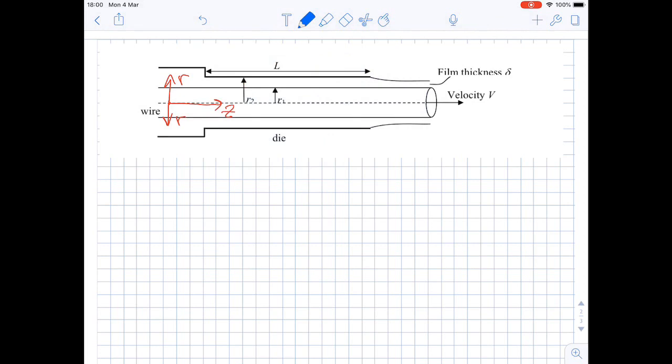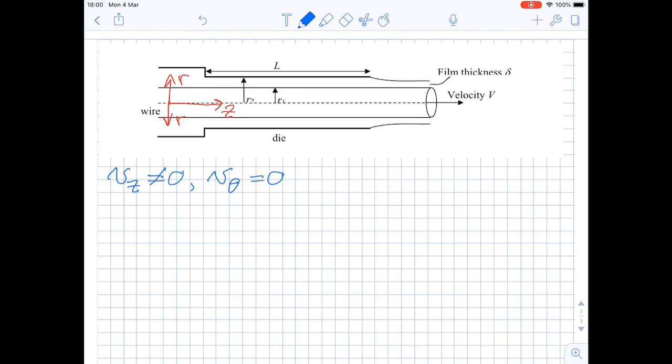Now, since the system is a polymer flow, we know for sure that Vz is not zero. In this case, according to the symmetry, V theta is zero.